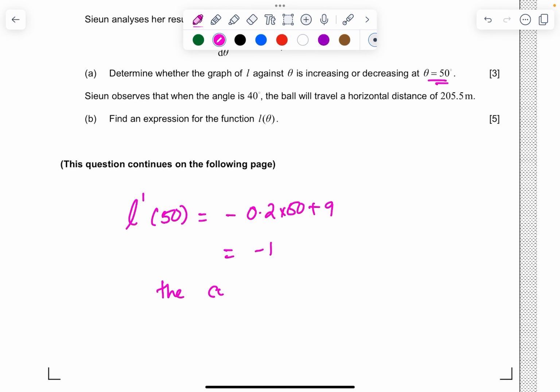So if it is negative 1, the curve is decreasing. Decreasing at theta equals 50. The curve is decreasing at theta equals 50.